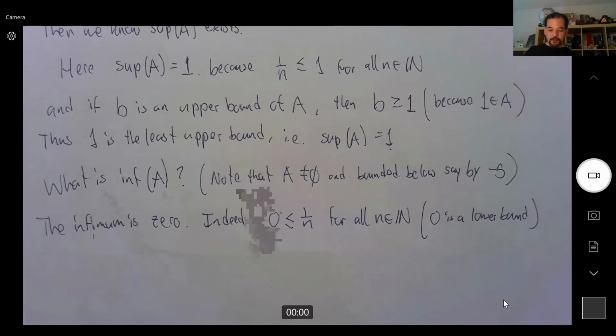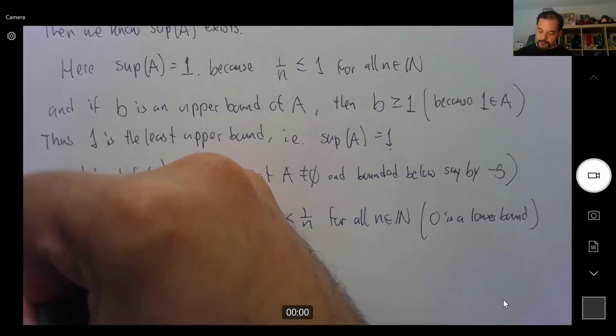And this also illustrates the next definitions, which is the definition of a maximum and a minimum. So let's write it here.